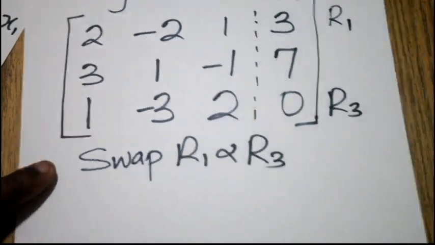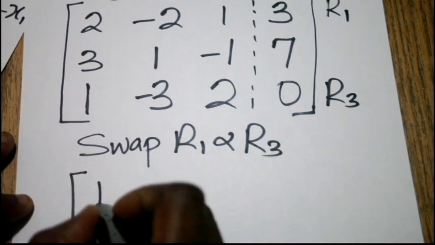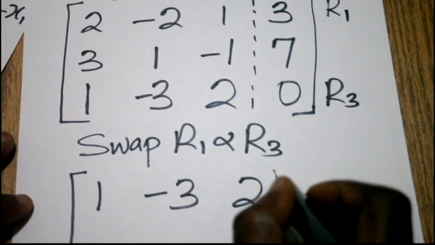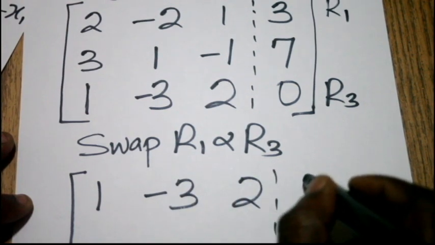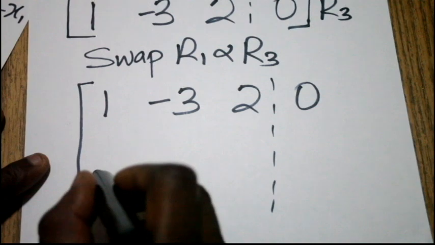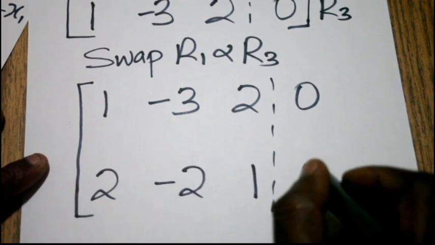For that, we're going to have 1, negative 3, 2, then 0. Then we'll bring that row 1 down. In that case, we're going to have 2, negative 2, 1, 3.